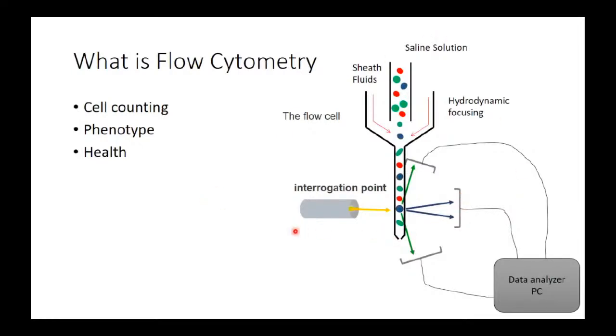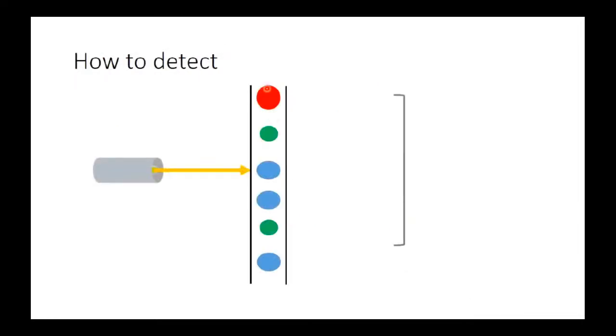Now I'm going to speak more in details. This is the flow cytometry tube, and then the cells pass one by one through the laser beam. When the cell passes through the laser beam, the cells scatter the light in a forward direction, which is the light scattered in an acute angle. This forward scattered light is directly proportional to the size of the cell. Why?